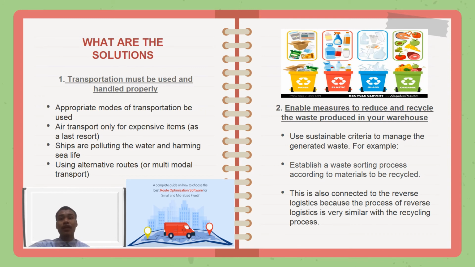Both green logistics and reverse logistics processes are similar because they use the term reuse many times. The only significant difference is that reverse logistics focuses more on the cost of the process and on gaining profit, while green logistics focuses more on the environmental issues and the recycling part.